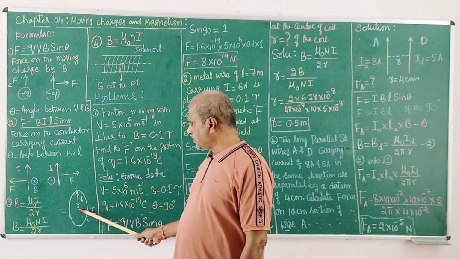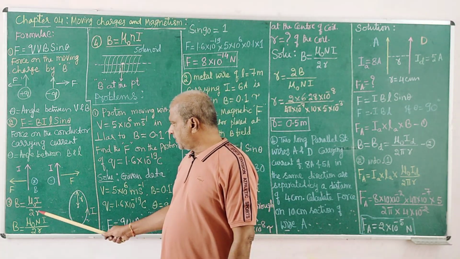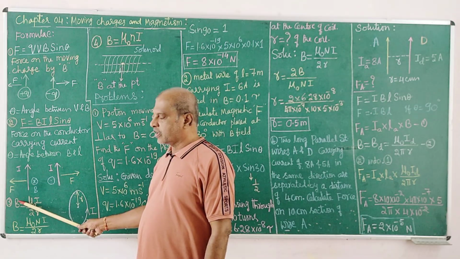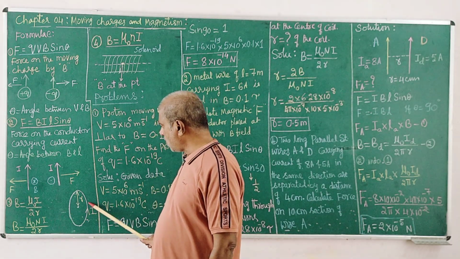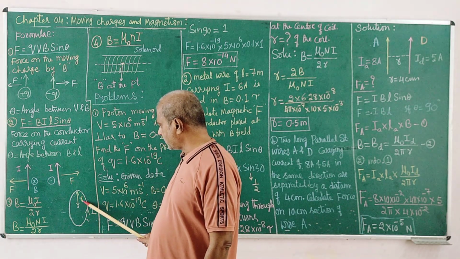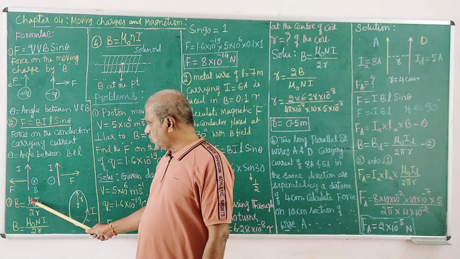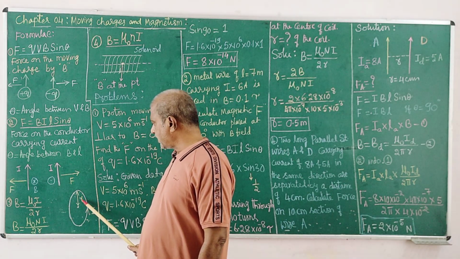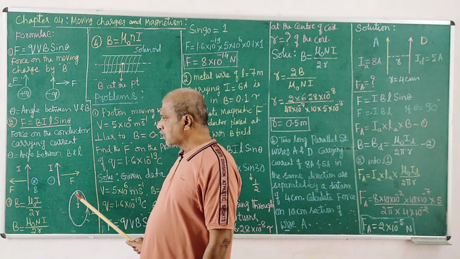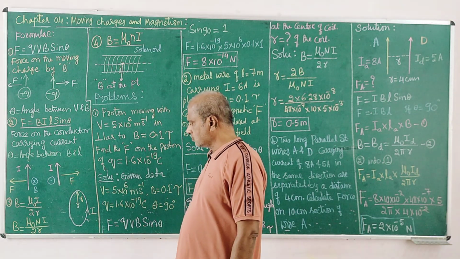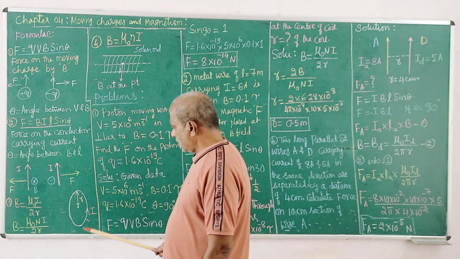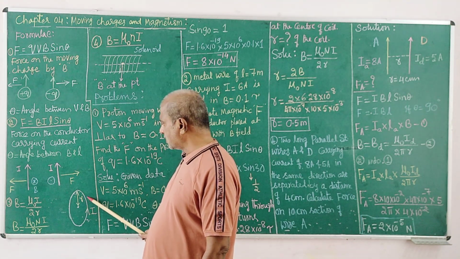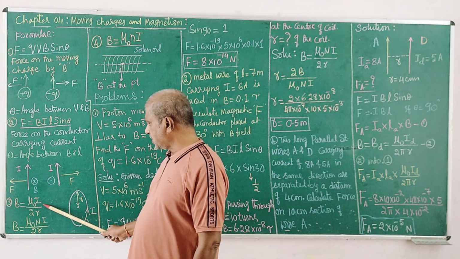At the center of the coil, B stands for the amount of magnetic field that arises due to flow of current in this circular loop of radius r. Mu naught I divided by 2r. R stands for the radius of the circle, the radius of the coil. If the coil has only one wire, that is a single turn, this equation holds good.